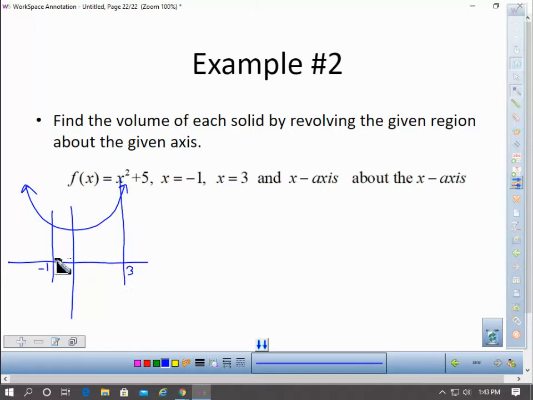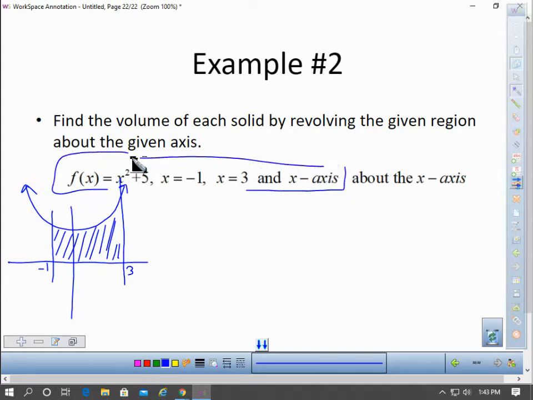And then the x-axis, okay? So I've got the parabola, the vertical line at negative 1, the vertical line at 3, and the x-axis down here. So this is the area that I'm going to do between all 4 of these functions, because these are the functions that are creating my region. So the area within that function.